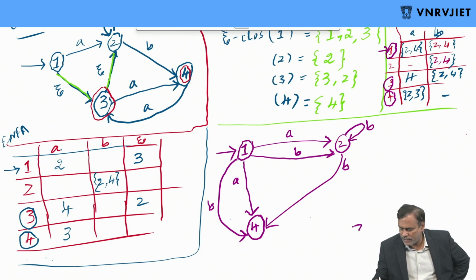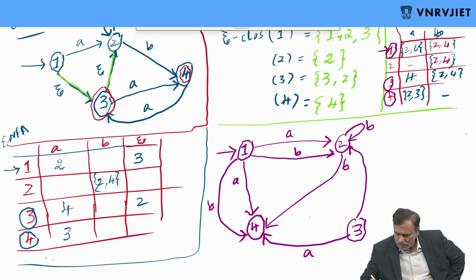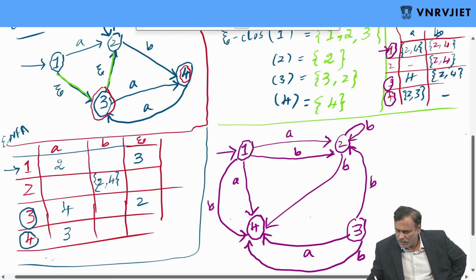I have not yet written the state 3. From 3 on input A, you can go to state 4. From 3 on input B, you can go to state 2, as well as you can go to state 4.